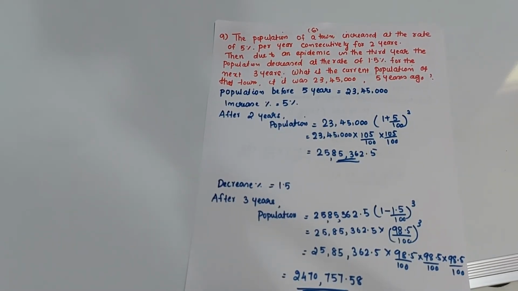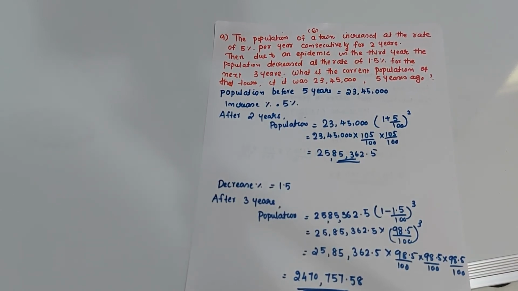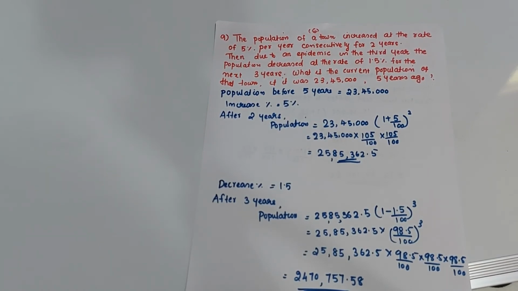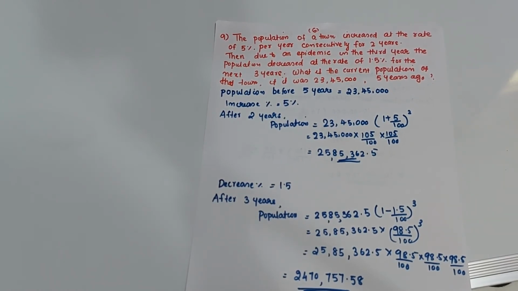Last one, the 9th one. The population of a town increased at the rate of 5% per year consecutively for 2 years. Then, due to an epidemic in the 3rd year, the population decreased at the rate of 1.5% for the next 3 years. What is the current population of that town? It was 23,45,000 5 years ago.